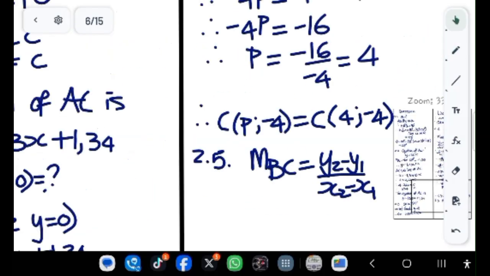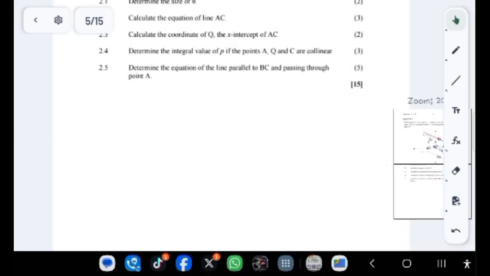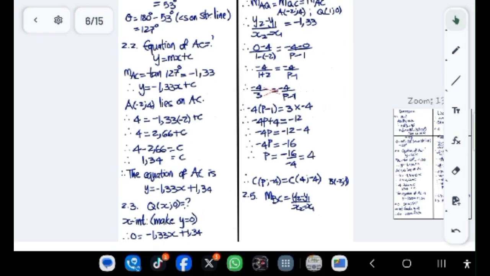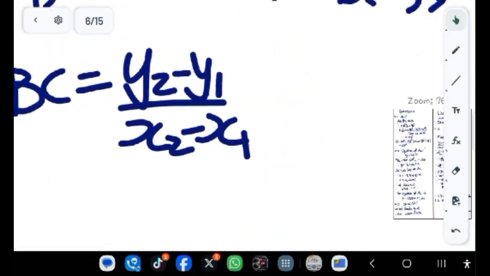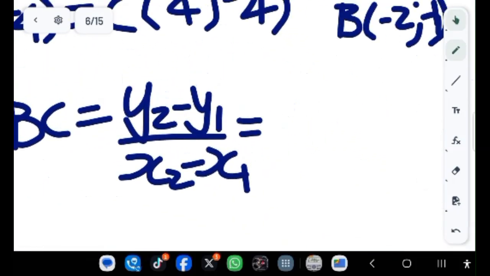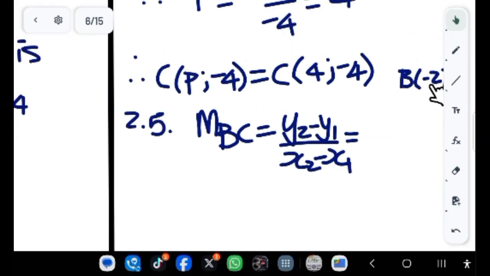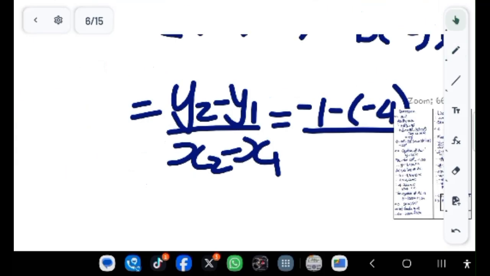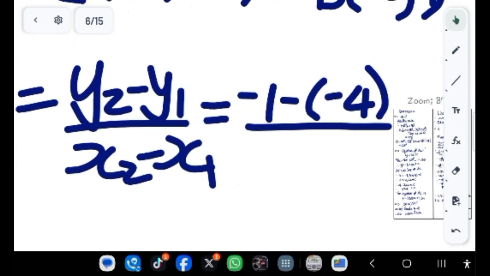Let me just double check. Correct. Let's find the gradient of BC. That will be equal to -1 minus 4 minus -4 over -2 minus 4.